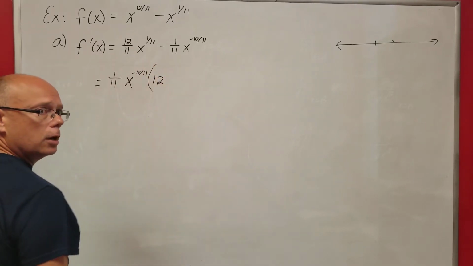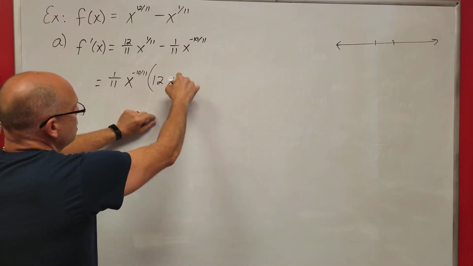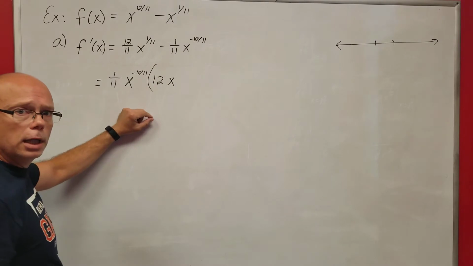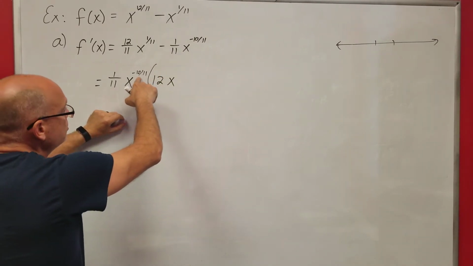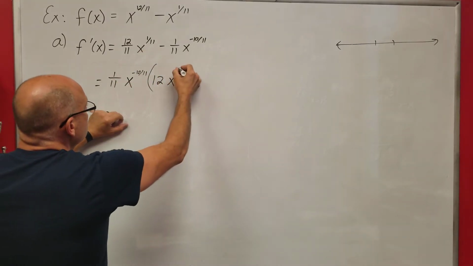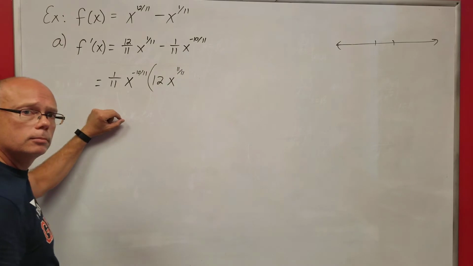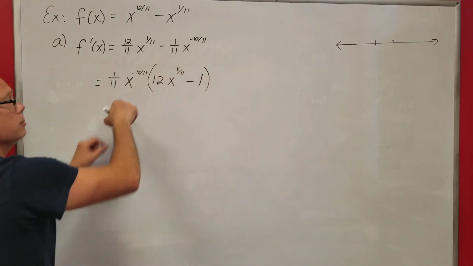Well, 12. And x to the negative 10/11 times x to what exponent will give me 1/11? In other words, negative 10/11 plus what gives me 1/11? Wouldn't that be 11/11? Minus, and I'm just left with a 1 here.